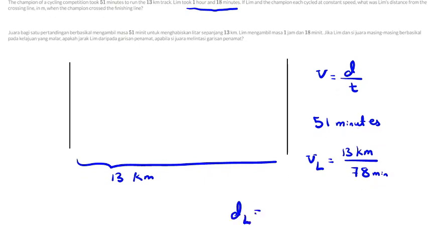The distance of L is V of L times T, where T is 51 minutes. So it will be 13 over 78 times 51, but it is in kilometers, so we want to find it in meters. We multiply it by 1000.